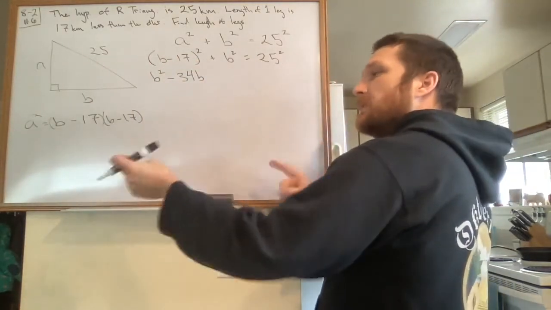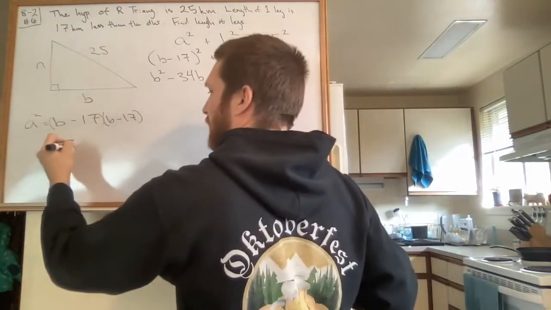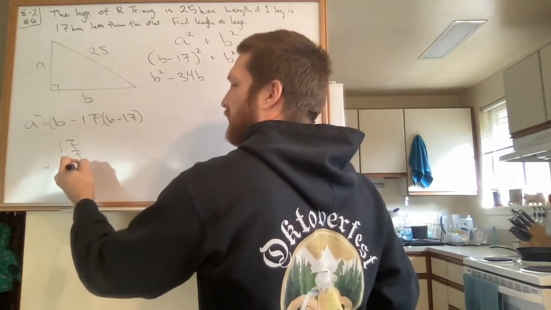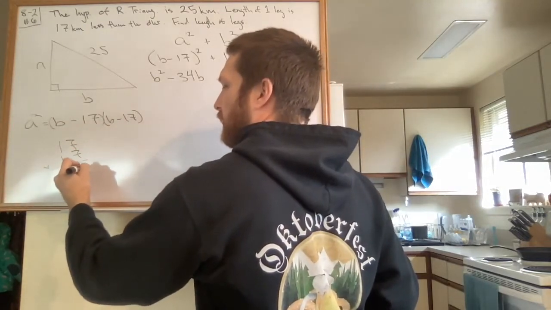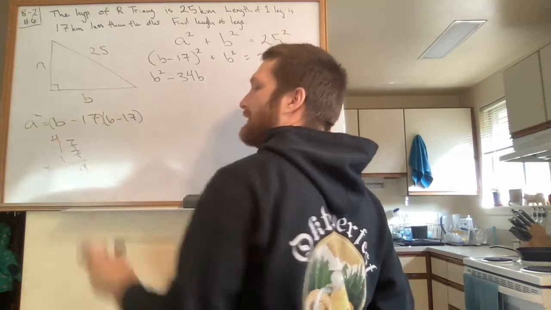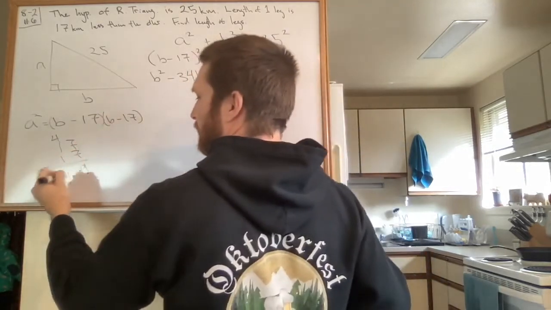Last gives me 17 times 17, negative 17 times negative 17. And what is that? Let's see. 7 and 7 is 49. 7 times 1 is 7, plus 4 is 11.